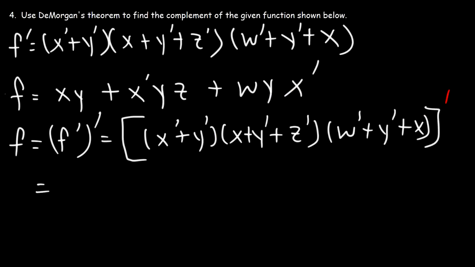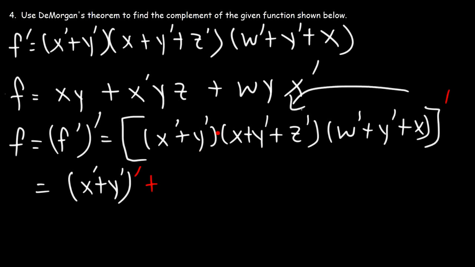So let's apply it to the first one. So we have x prime plus y prime, and here is the complement symbol that we've applied to this one. Notice that we just put it outside of the parentheses. We haven't touched anything inside the parentheses yet. Now the multiplication between these two sum terms will now change to addition.